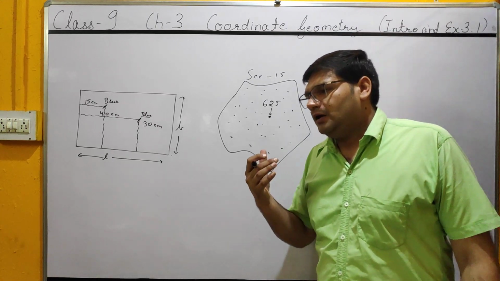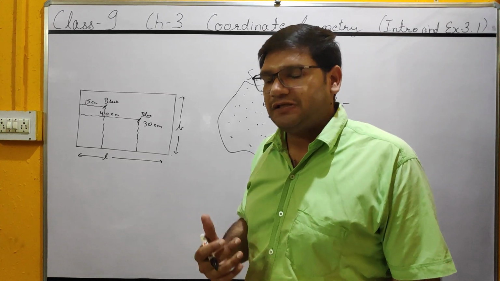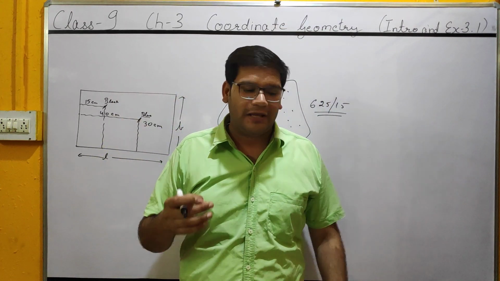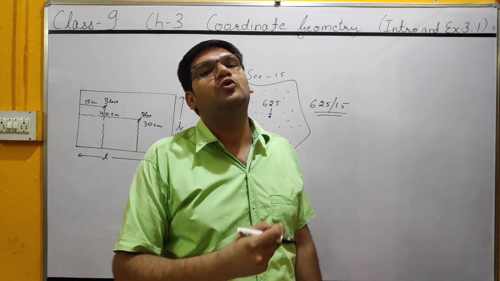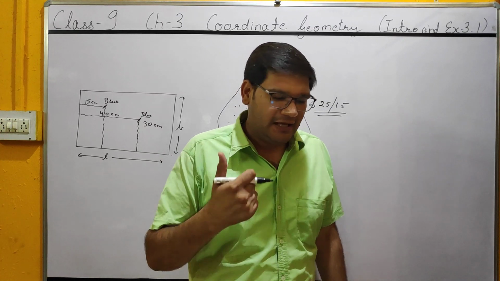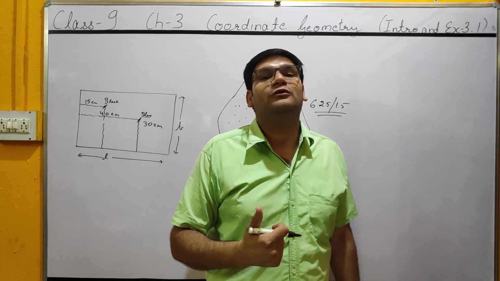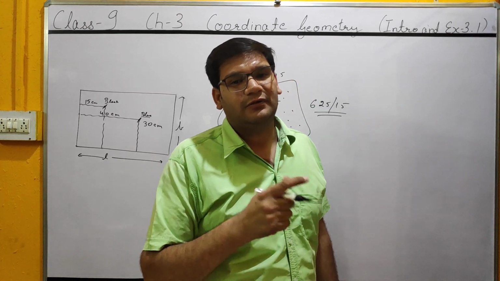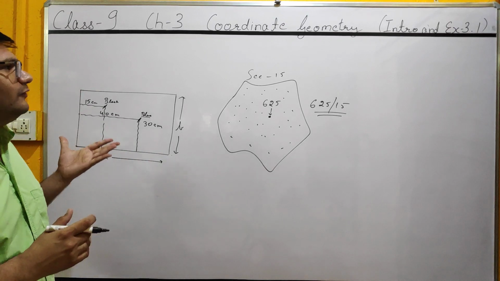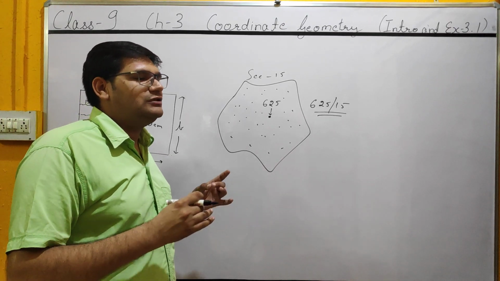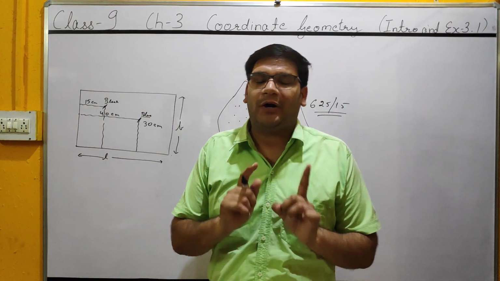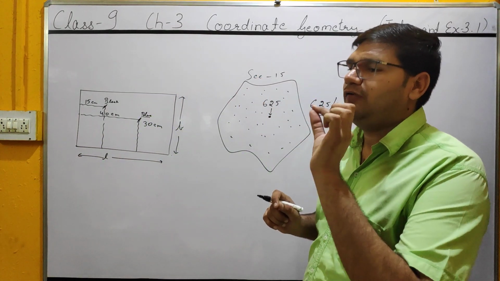Moreover, if you do map reading in social science in higher classes, you can even find the distance between two places in the map by using coordinate geometry. Mostly we'll do this in class 10th also, to find the distance between two points. So in this chapter of 9th class, we are just going to learn how to locate the exact location of a point.